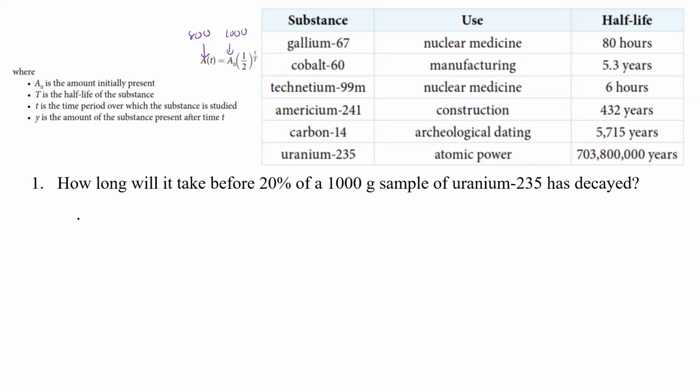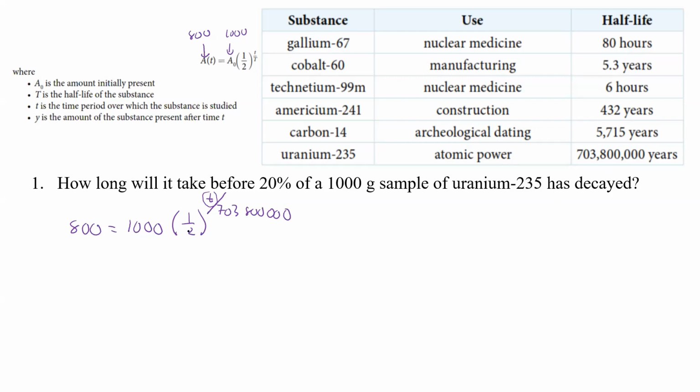And so what we need to do then is simplify. So 800 is 1,000 times 1/2 raised to the power t, which we don't know, that's what we're searching for, over the half-life, which is this huge number here, 703,800,000. All right.